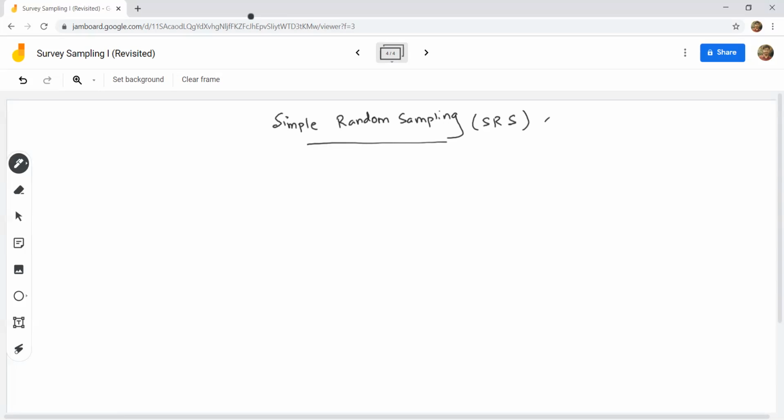So what is my scheme here, or why is it called simple random sampling?